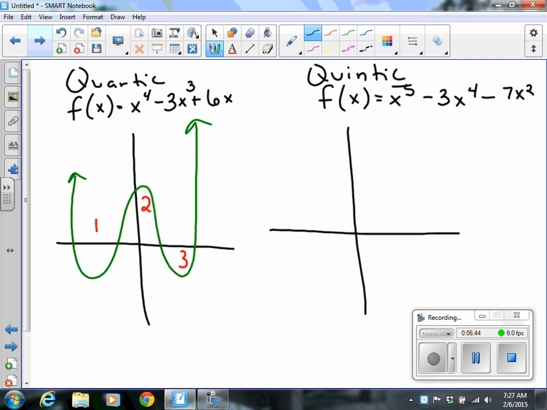So when I look at a quintic, I'm going to have 4 curves. So I've got 1, 2, 3, 4.